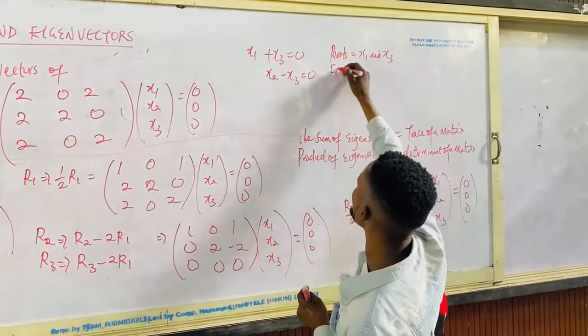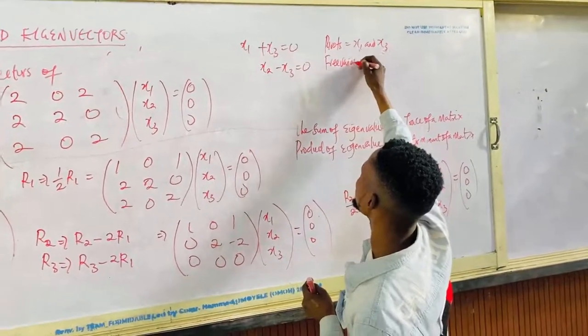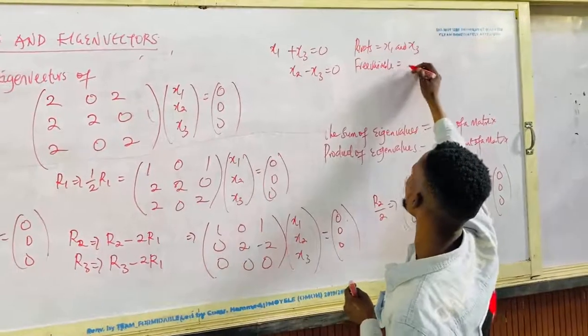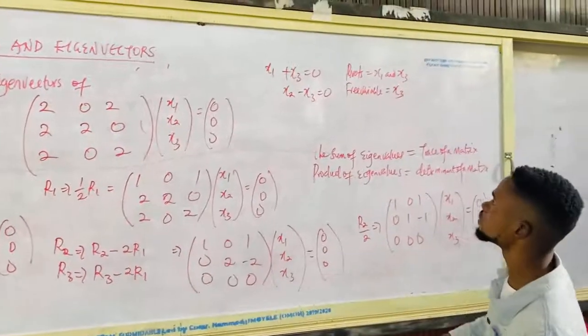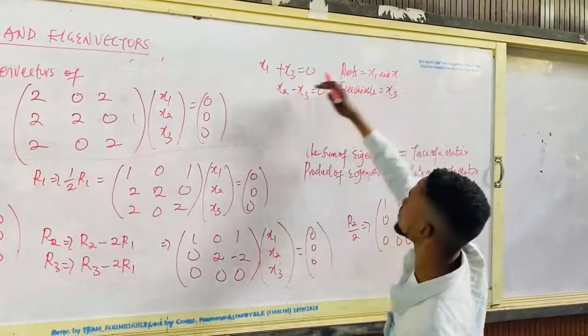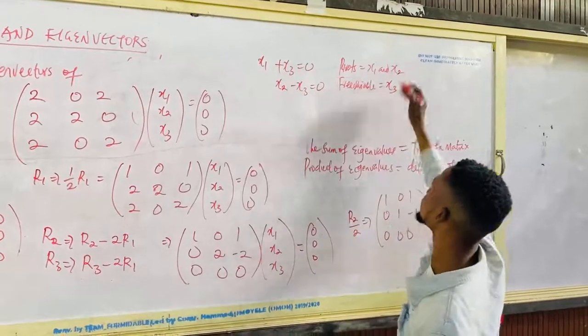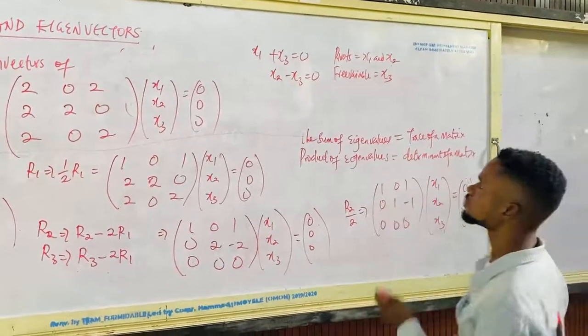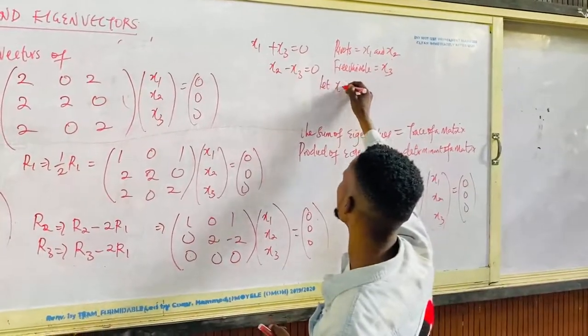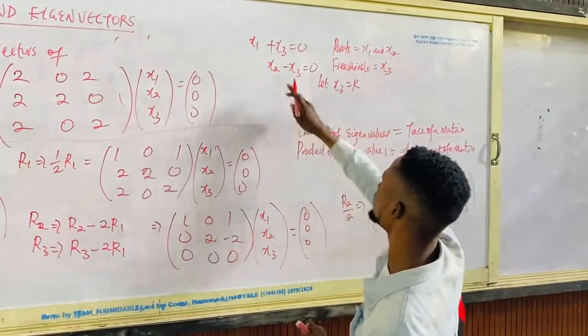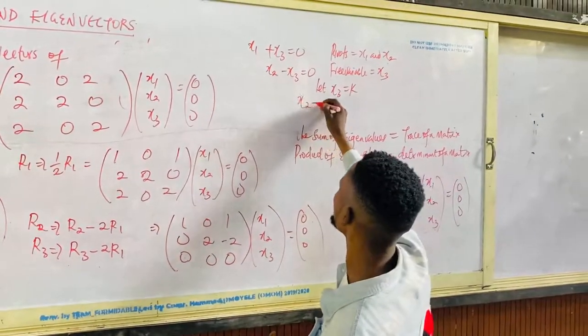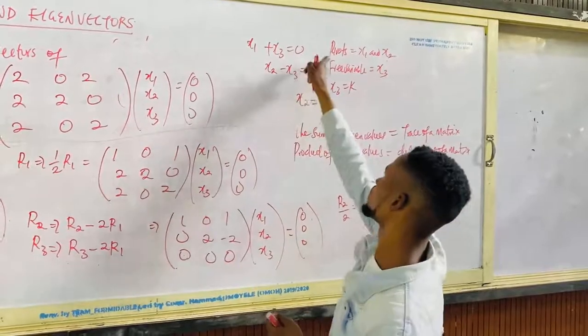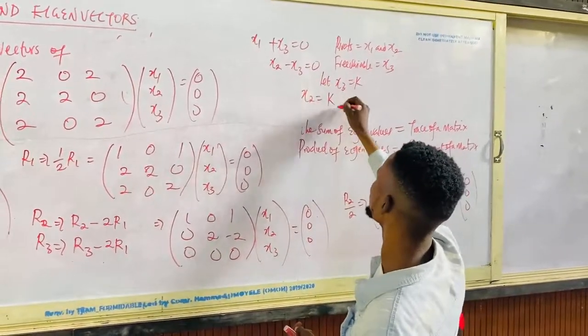The free variable that can take any value is the other variable left behind, which is x3. Just say let x3 be k. So if x3 is k, that means x2 is minus k.